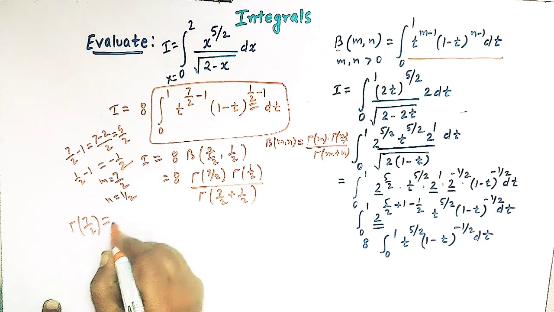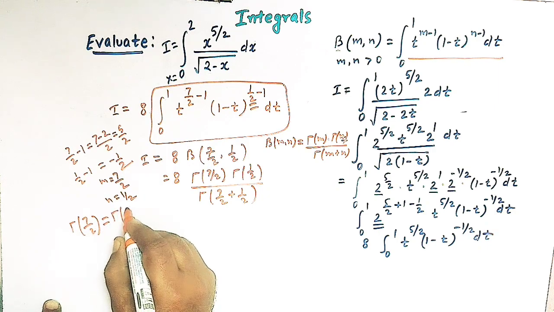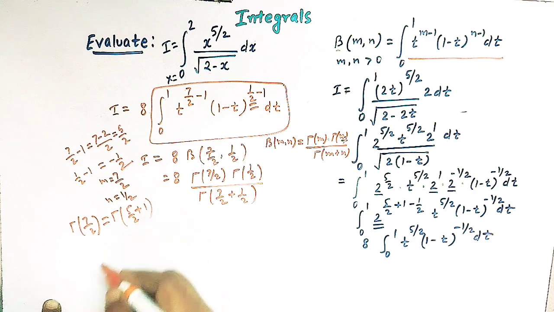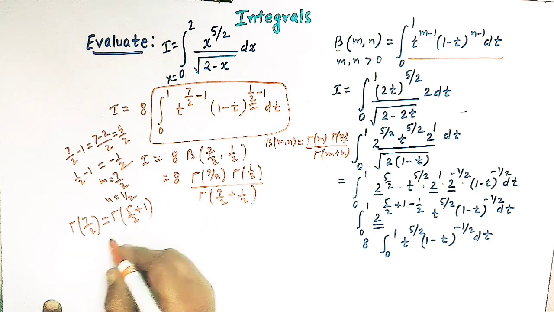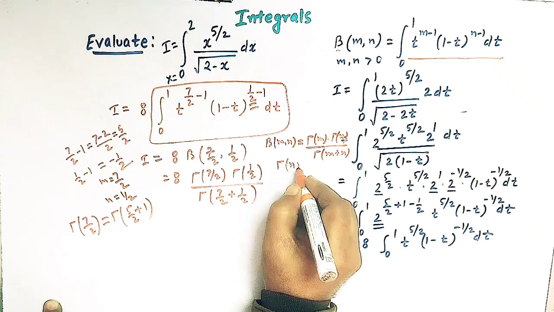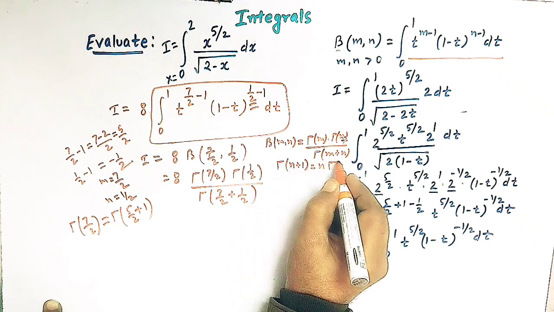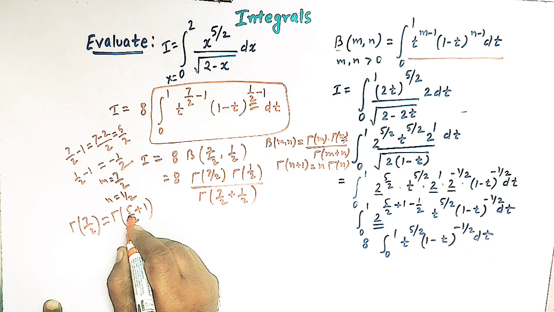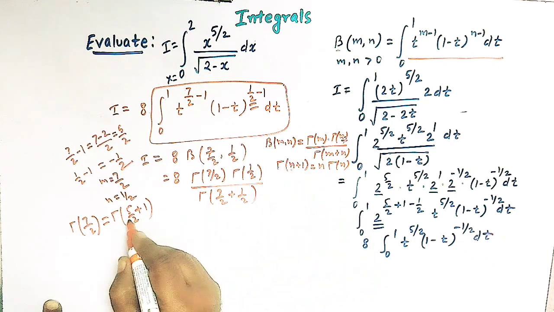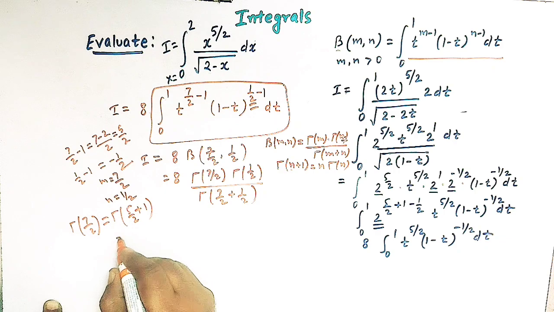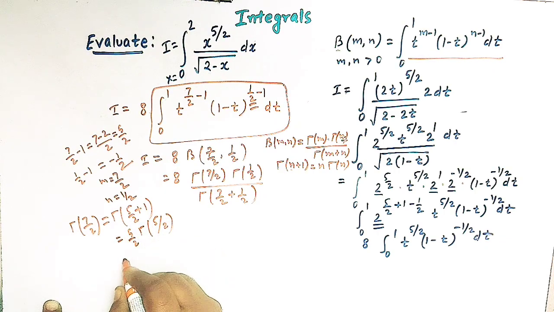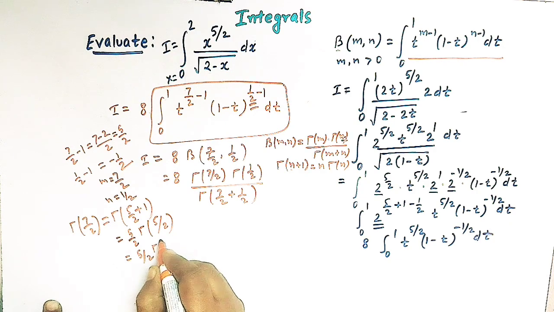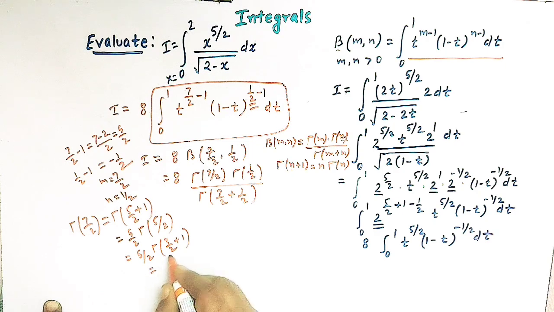Now gamma 7/2 can be written as gamma(5/2 + 1). And here we'll again make use of an important result, that is gamma(n + 1) is given by n times gamma n. So here the value of n is 5/2. So we can now write 5/2 times gamma of 5/2. And again we can split 5/2 as 3/2 + 1.